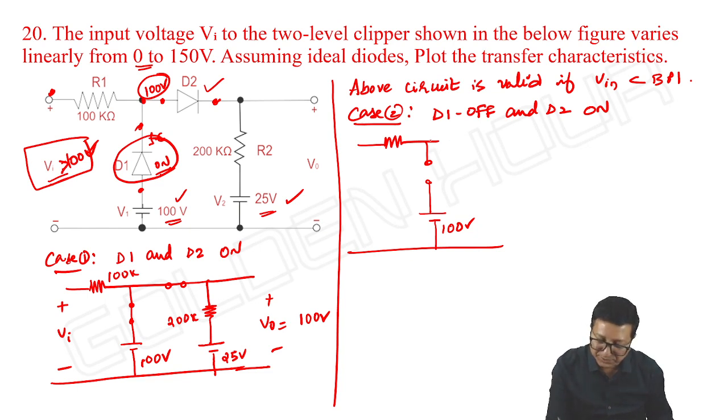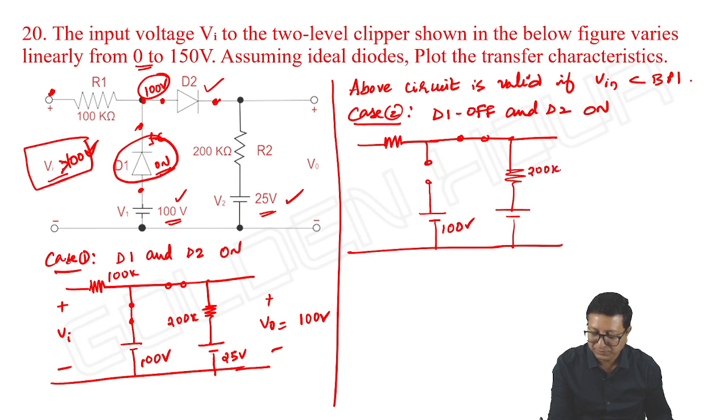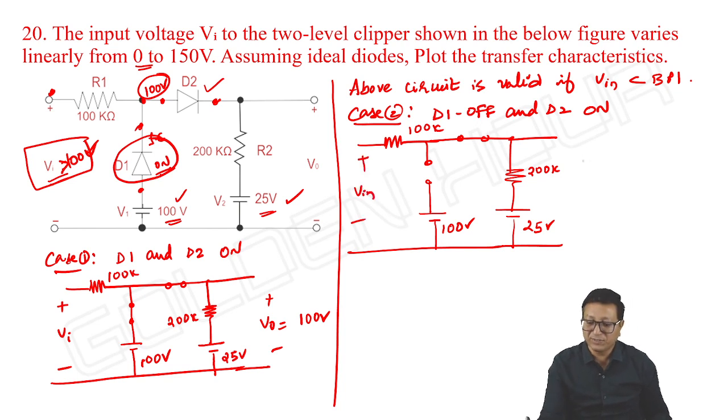So D2 acts as a short circuit. As far as the circuit is concerned, we have already gone through this in the previous problems. So V output is equal to 2 by 3 V input plus 25 by 3.